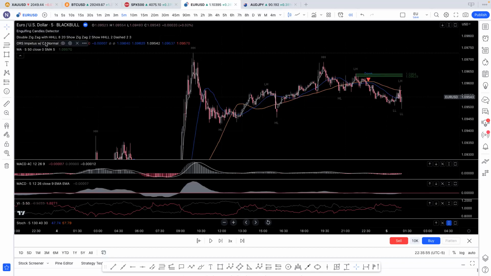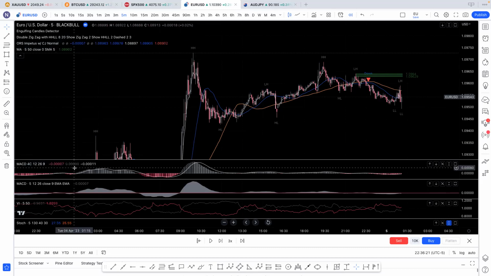So I've got all of the top 3 settings on a normal time frame. However, on this ORS synthesis with CJ, I took the 200 moving average off, and then I added another 50 moving average on a 5-minute time frame.